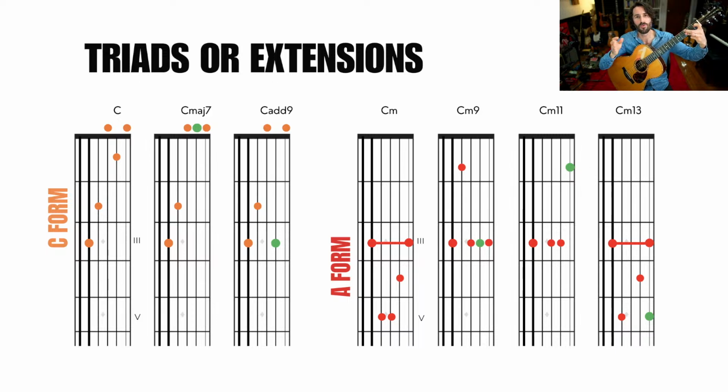And you can of course move between these. That's a nice little move between the 13 and the 9. So the triads or extensions, a really important question that we can ask ourselves and put on the checklist.